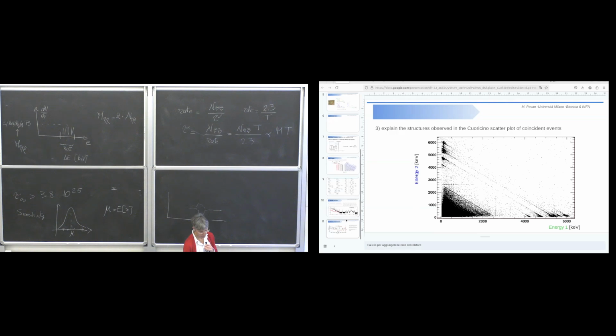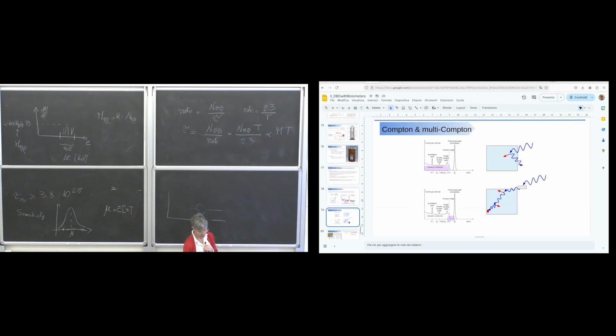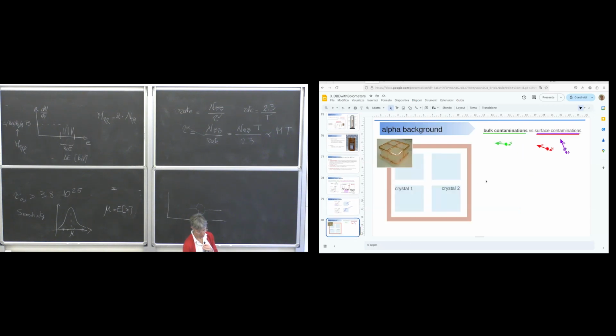And so to show you, I also tried to go a bit deeper. Let me show exactly what happens when you have bulk or surface contamination that produces a coincidence. I have used this different representation of alpha plus recoil.